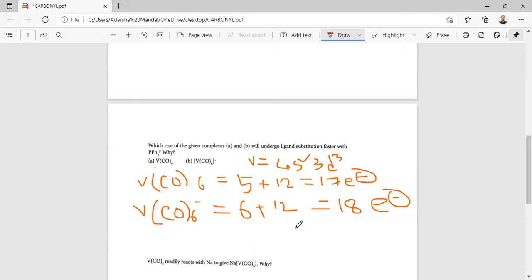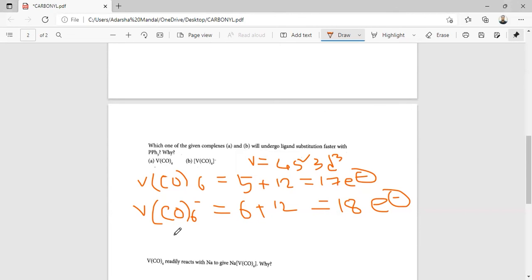But V(CO)6 minus is saturated, an 18 electron complex, so it will go via a dissociative mechanism. The rate of ligand substitution with PPh3 will be faster for V(CO)6, because for V(CO)6 minus there is more electron density on vanadium due to the negative charge. So there is more back donation from vanadium to carbon, and the vanadium-carbon bond is stronger compared to V(CO)6. So the rate will be slow for V(CO)6 minus and high for V(CO)6.